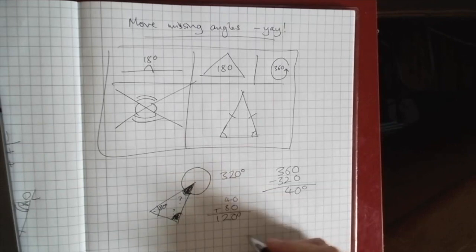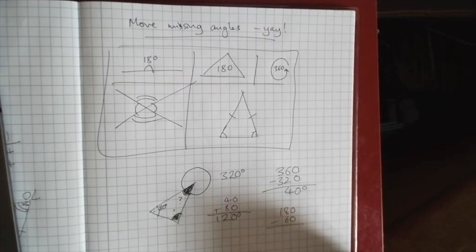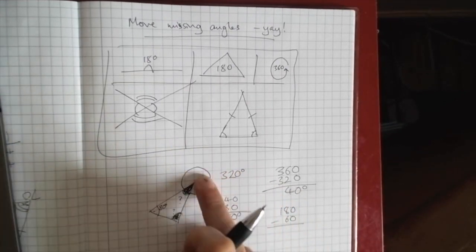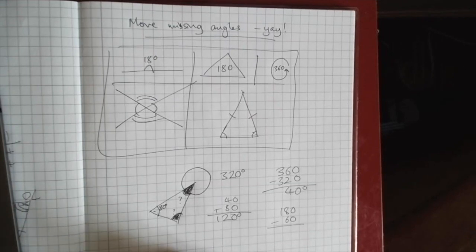Well, it must be 60, because it's going to be 180, take away that 120. That's how we can get from something that initially looks quite complicated to then being able to work out more tricky questions.